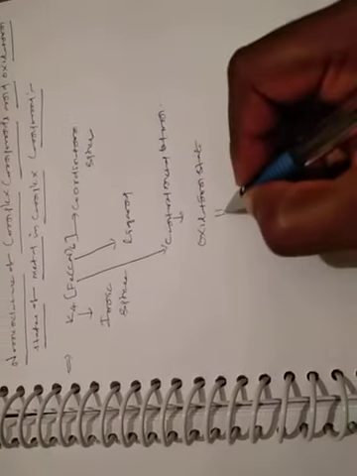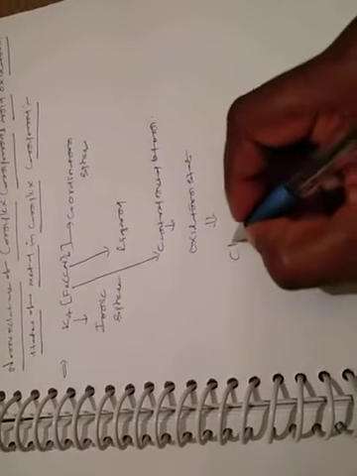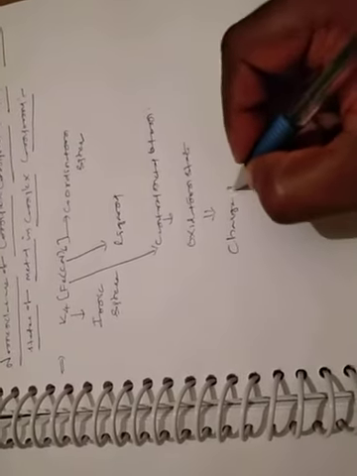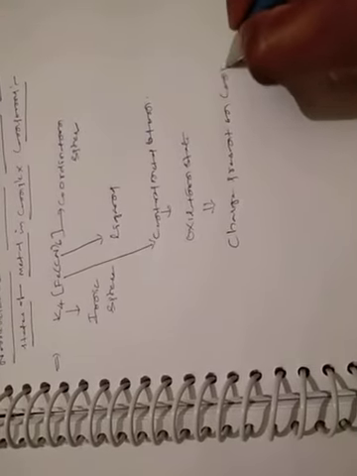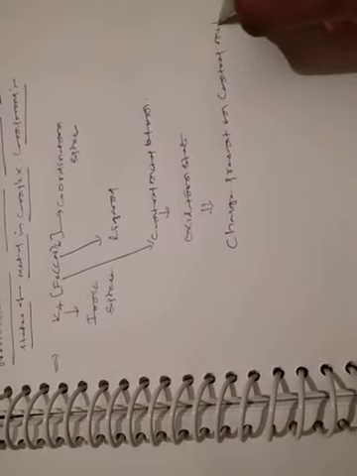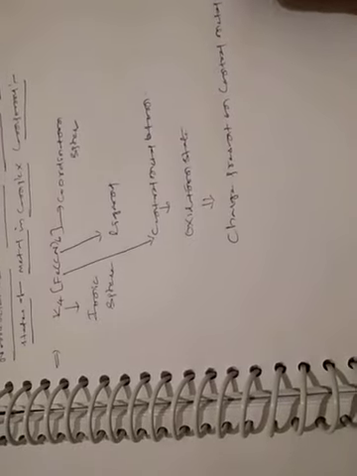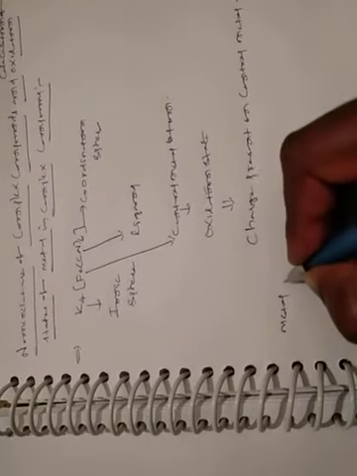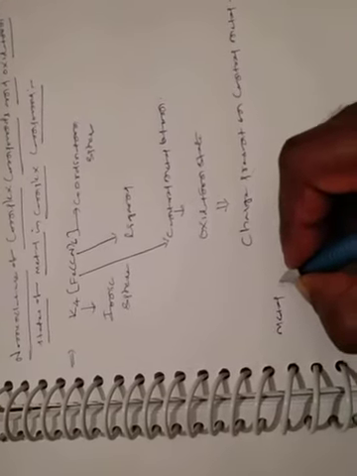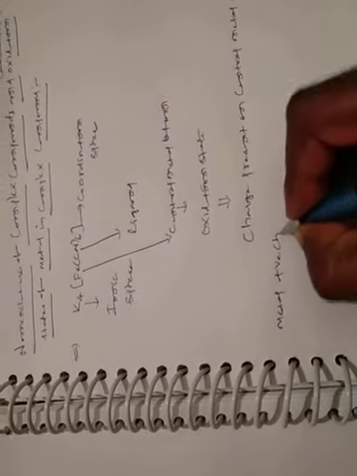So oxidation state is nothing but the charge present on the central metal atom. Metals most commonly exhibit a positive charge.